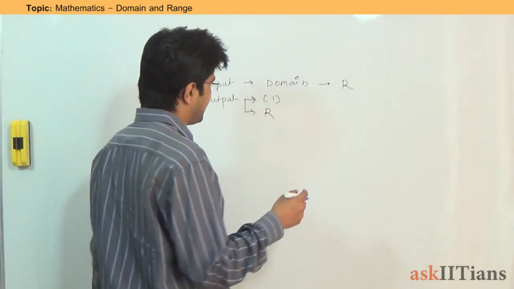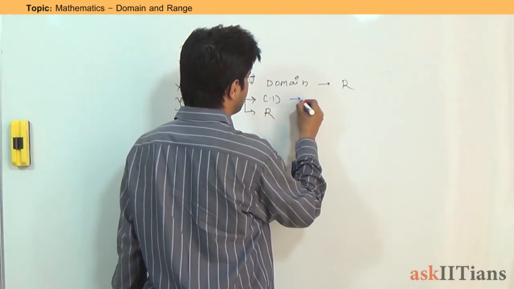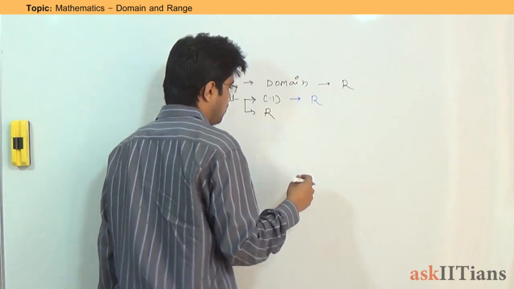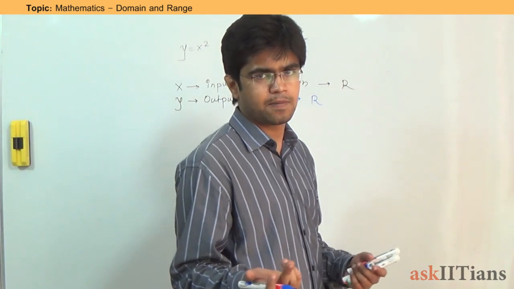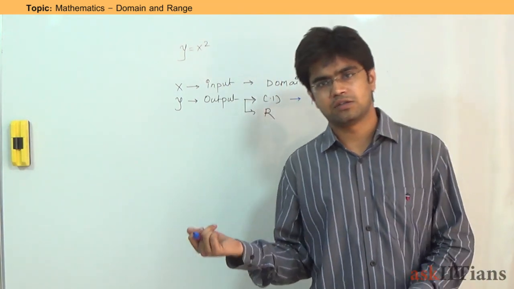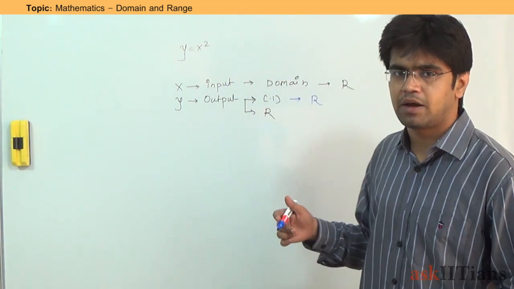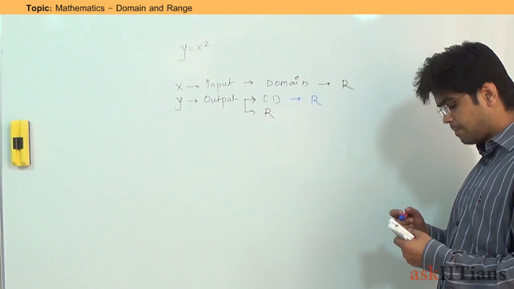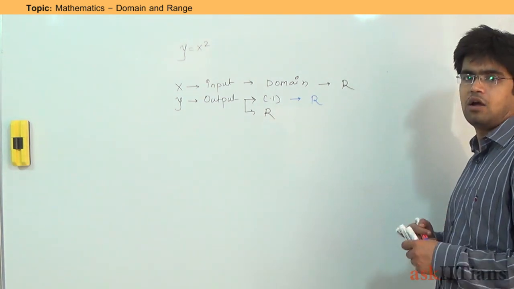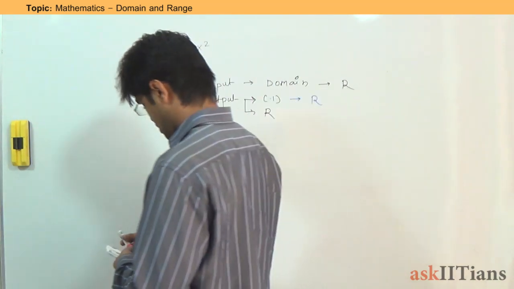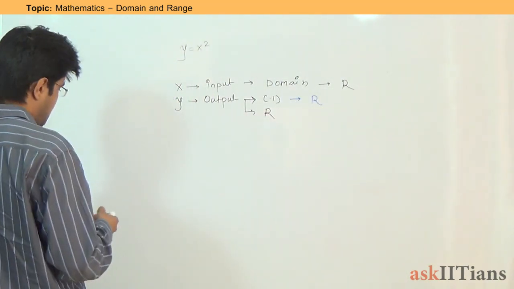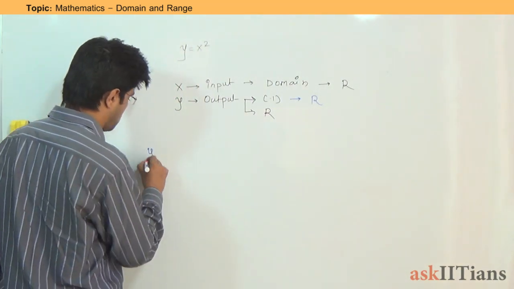Now my codomain, I am expecting it to be R as well. We always have to expect a bigger set. So let's say I'm expecting that all real numbers can be output. But what is my actual output? y is equal to x squared.